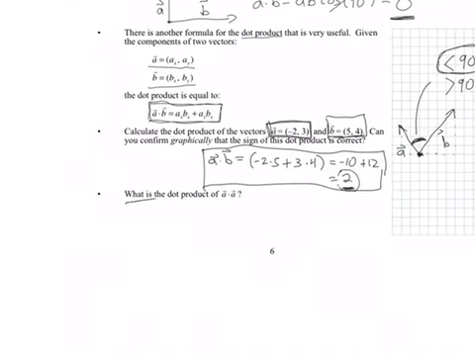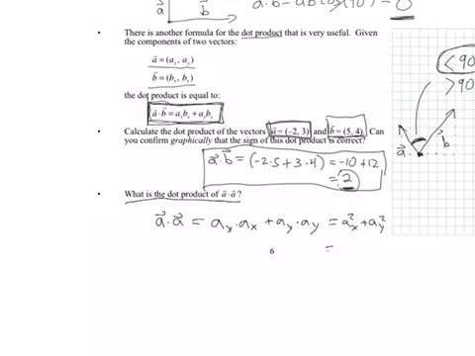And then the final point here is, what is the dot product A dot A? If we use the definition of the dot product given here in component form, we get AX times AX plus AY times AY, and that's equal to AX squared plus AY squared.